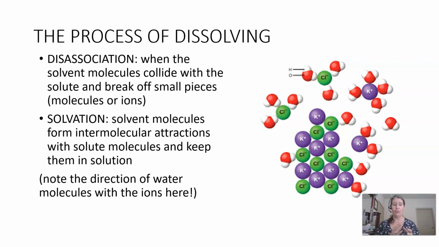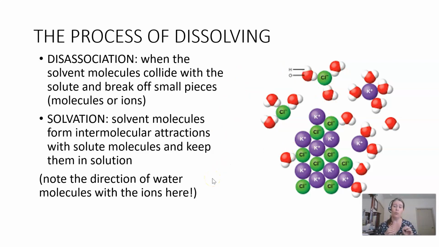And solvation is a process of intermolecular attraction. Intermolecular means like the interstate. It is two different molecules interacting with each other. In this case, in our picture, the water molecules are going to wrap around the ions and solvate them.